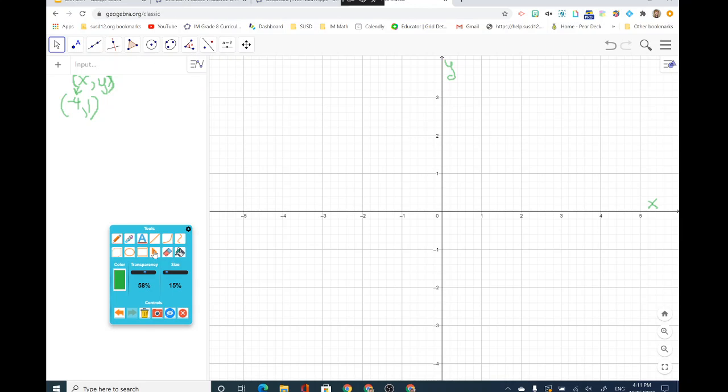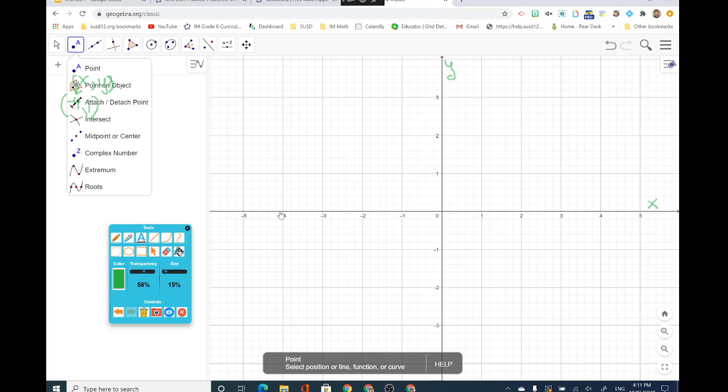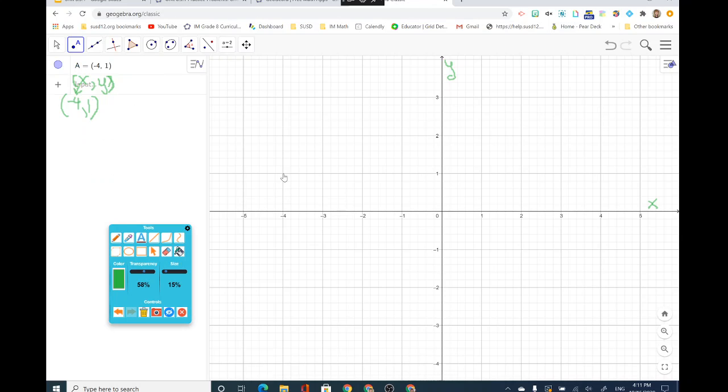I'll go ahead and use the GeoGebra tools for this. The first point is -4, 1. So let's find that, -4. X equals -4, y equals 1, right there. Got it? And the line also contains the point 4 and 6. I'll write that down, 4 and 6.